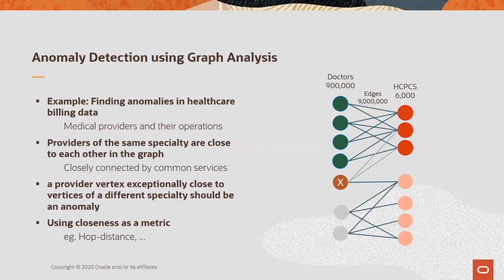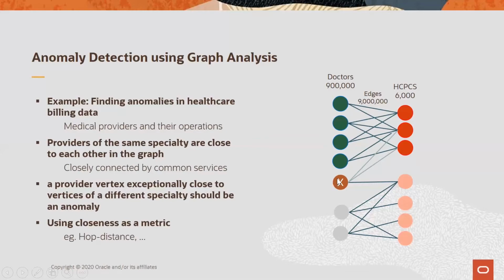And that's what we've been trying to represent here on the right-hand side. We have the 900,000 doctors, we have some 6,000 different types of services they perform. Whenever a doctor provides a certain service, we create a link. If we group the doctors into their different specialities, suppose we have all our cardiologists here in green, the services they typically provide, we have all the links between the cardiologists and the services.